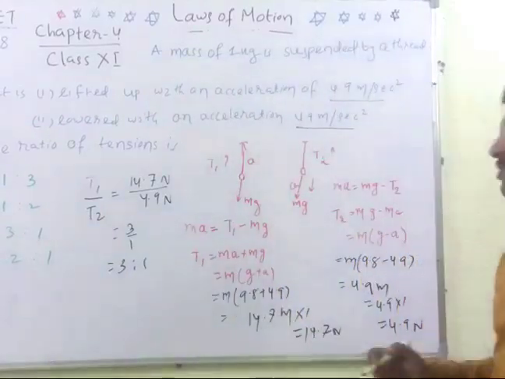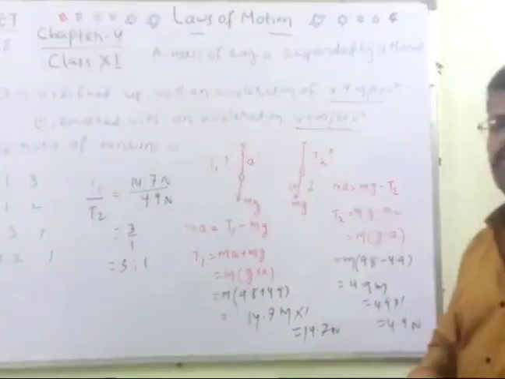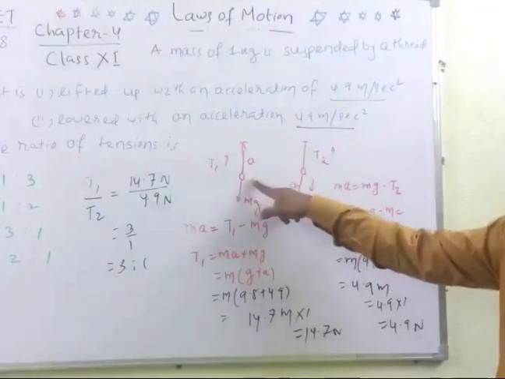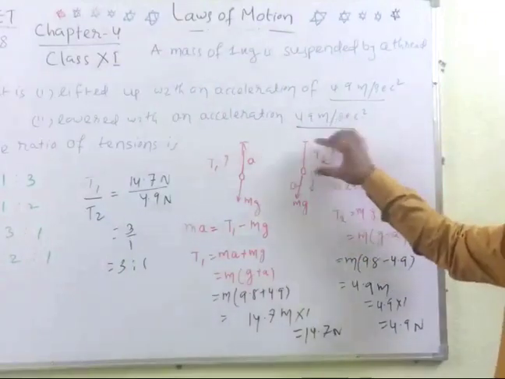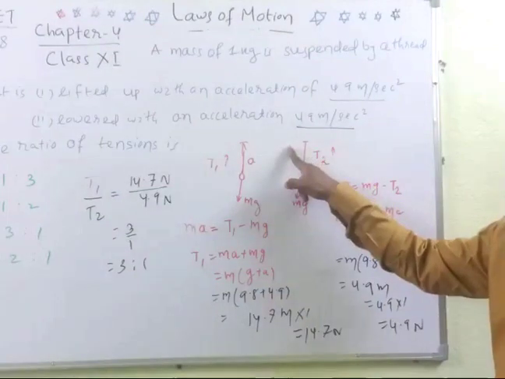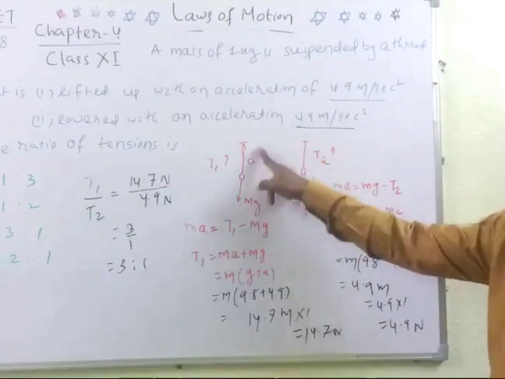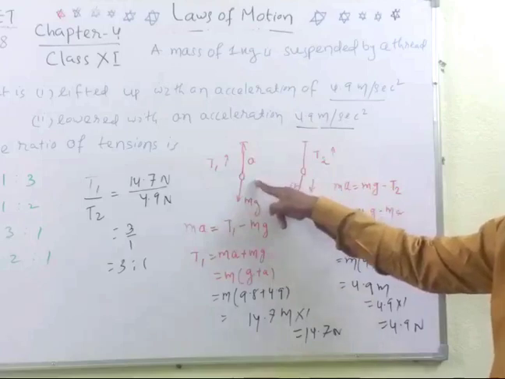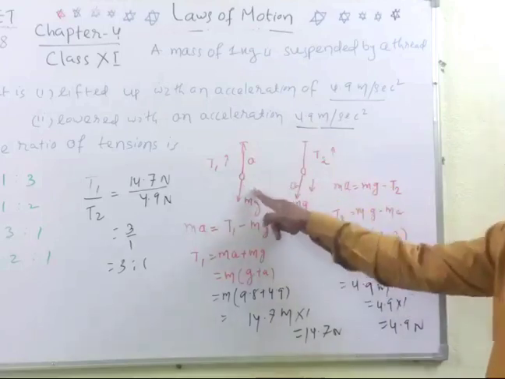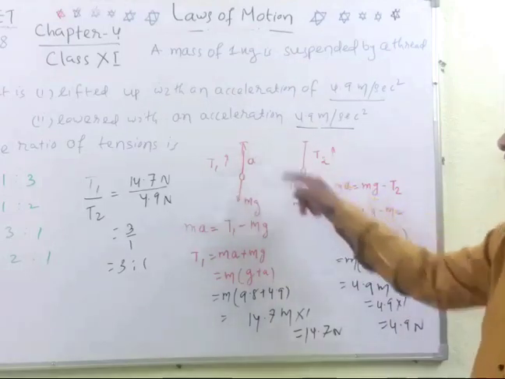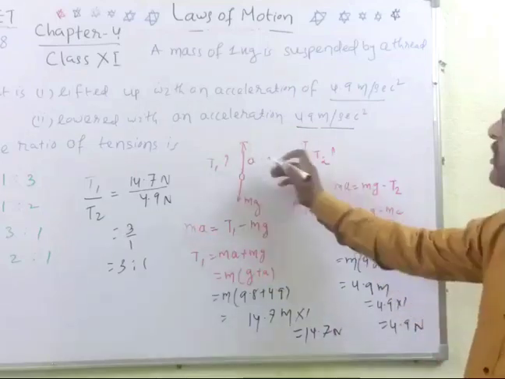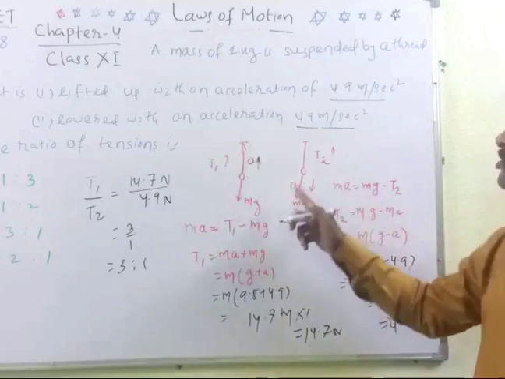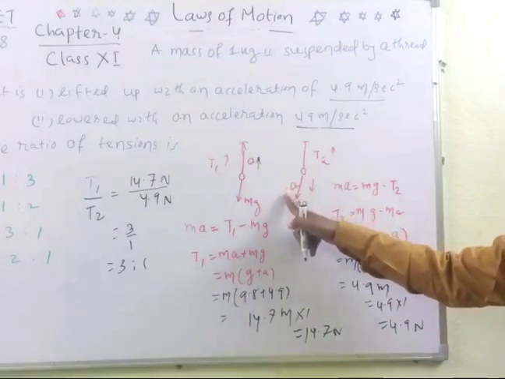How do we solve this problem, students? Analyze what forces are acting on the body. Here you see, in both the cases the body is hung from the same point, so the tension is upward. But here the acceleration is upward, and here the acceleration is downward.